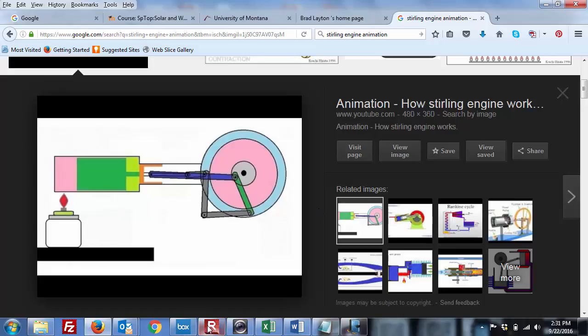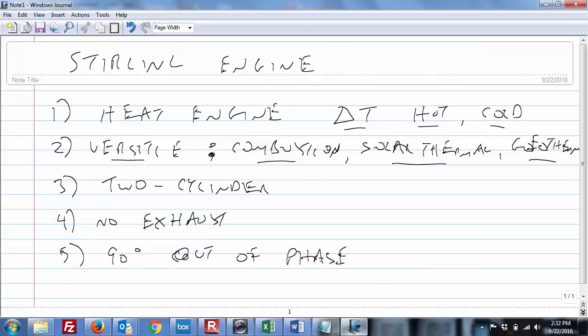Okay, let me wrap up my notes here. 90 degrees out of phase.